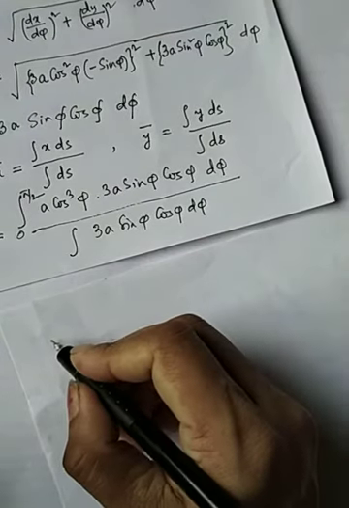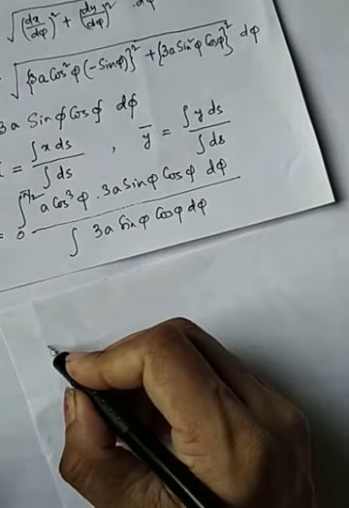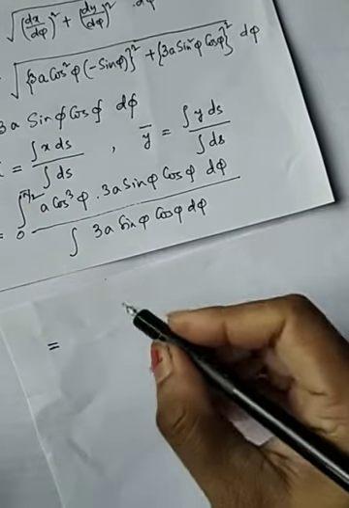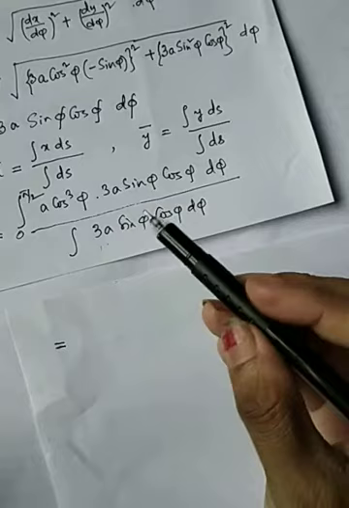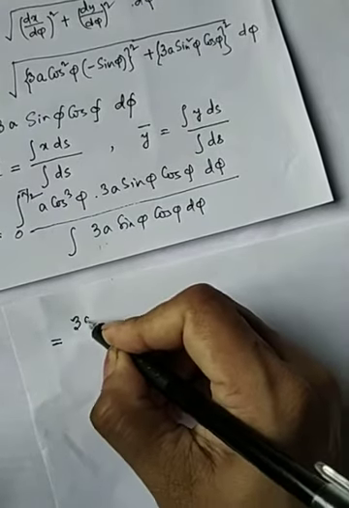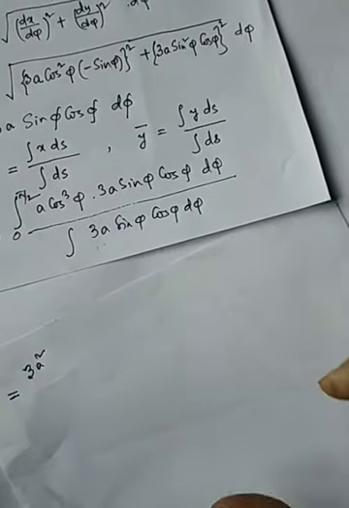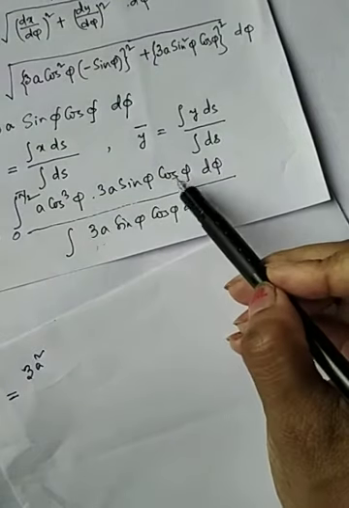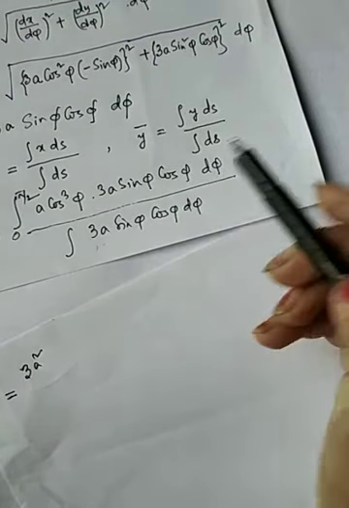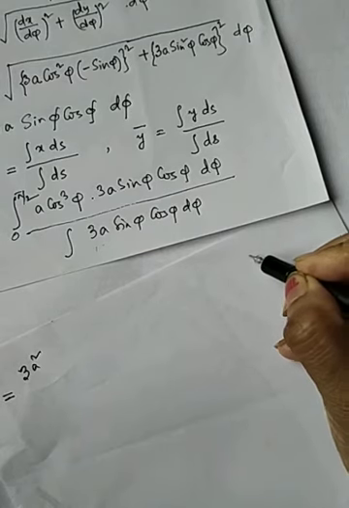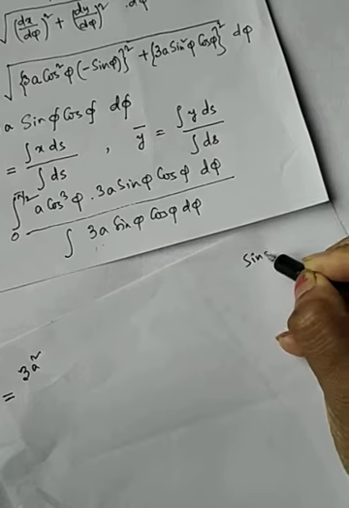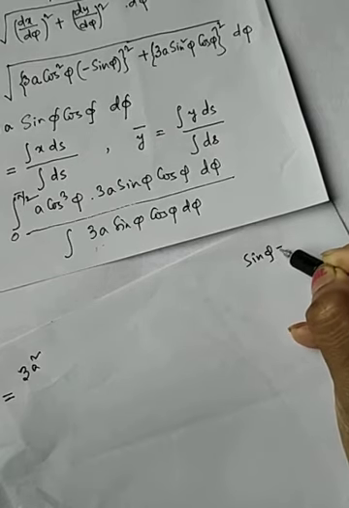So this numerator integration, see here, 3a square outside, and this is cos to the power 4 phi and sin phi.